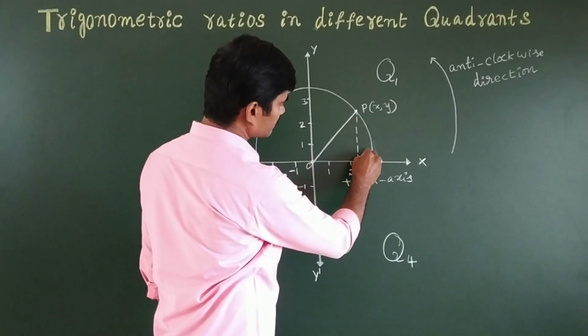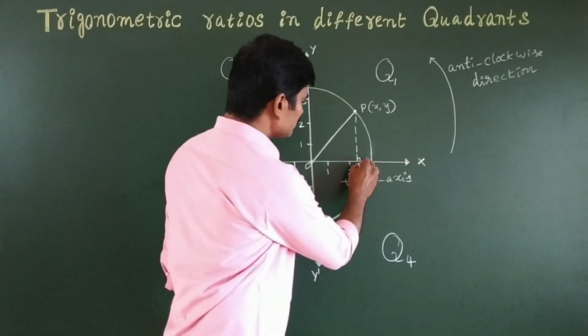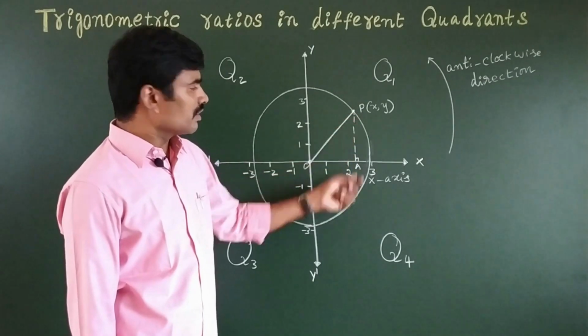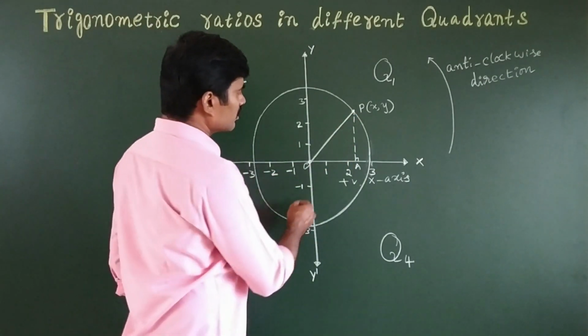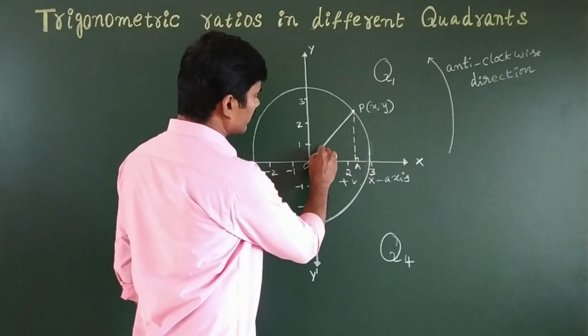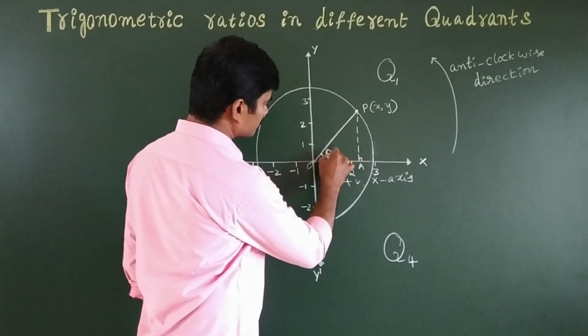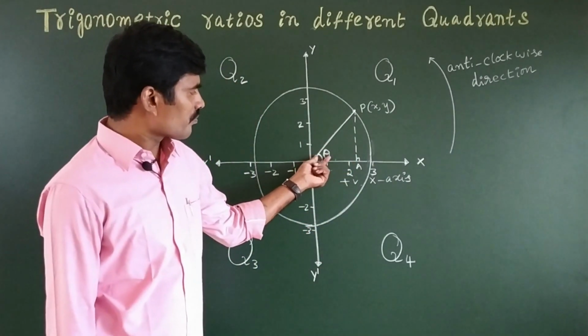Draw a perpendicular line to the positive y-axis from P. Then OAP is a right angle triangle. Let the angle AOP be theta.